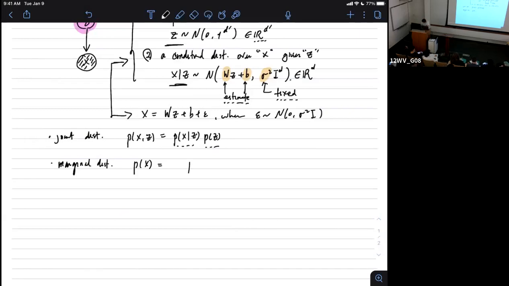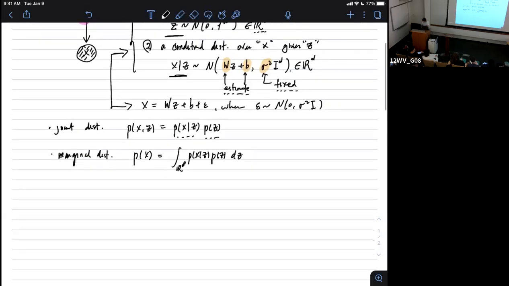In doing so, we start from the joint distribution and then marginalize out Z. And what you see here is that this is identical to computing the expected P of X given Z under the prior distribution. Okay, so that's a marginal distribution.